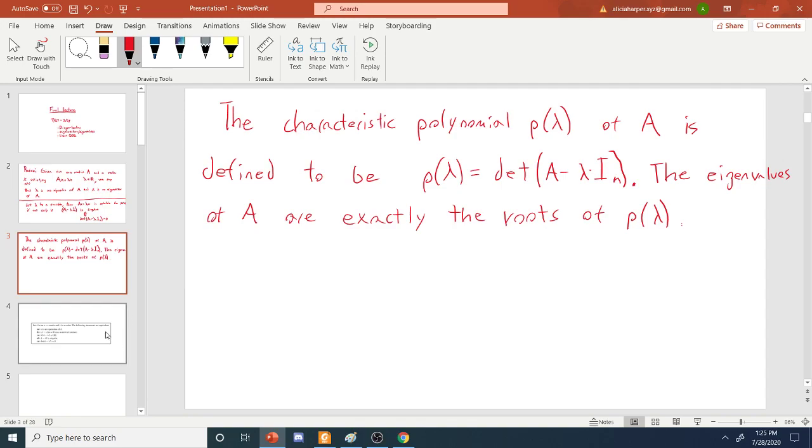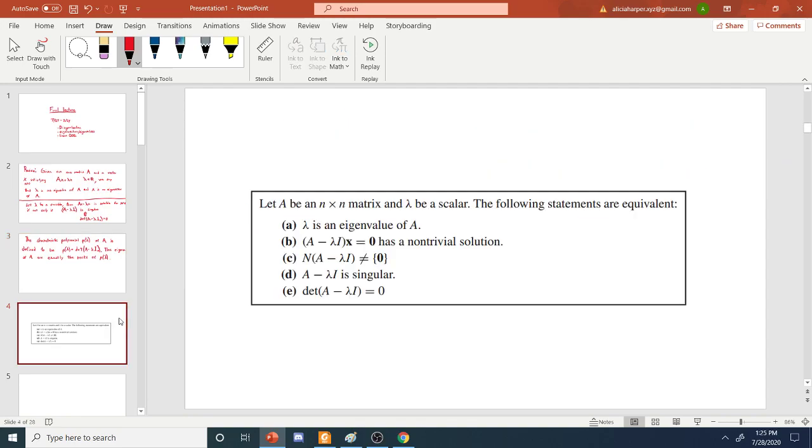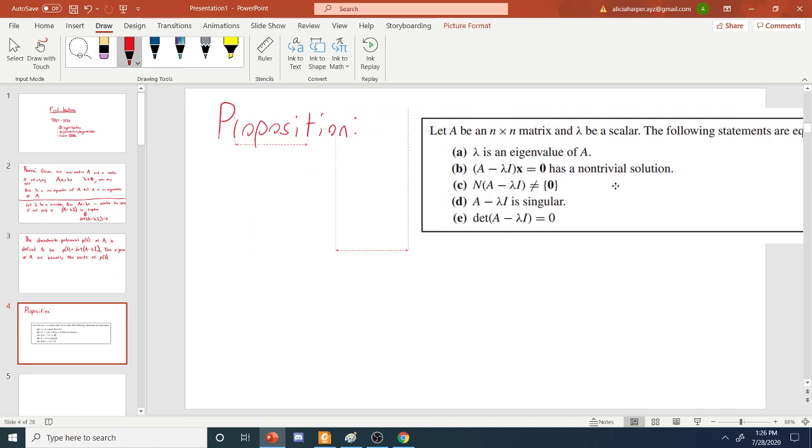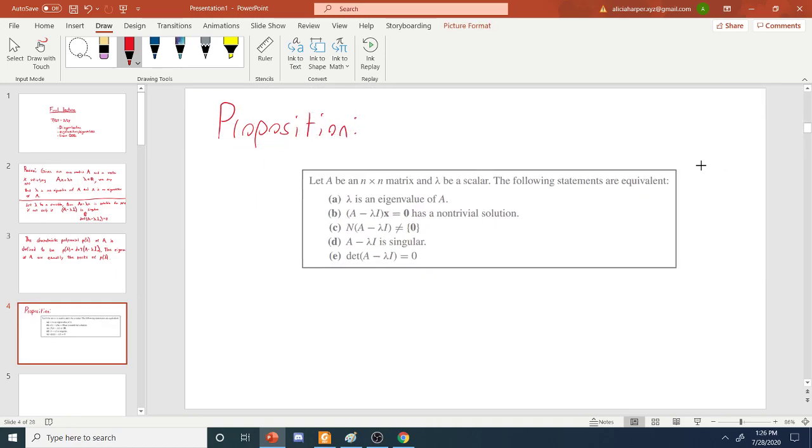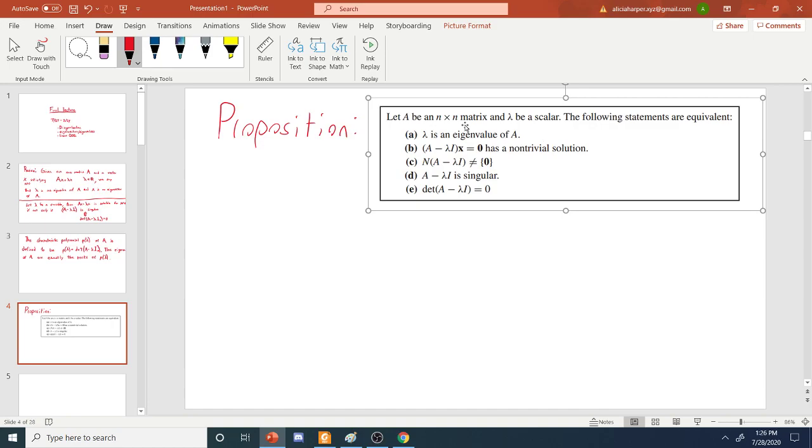So, here is a proposition, and this is going to combine some of the things that we've said. Let A be an n by n matrix and let lambda be a scalar, then the following statements are equivalent.